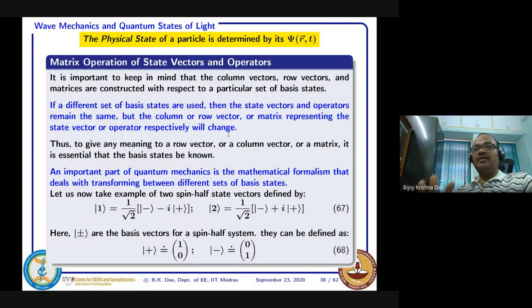Your psi, for a given state vector, according to your quantum mechanical system, that will be there. But whenever you represent the same thing in one basis set, you have different components.